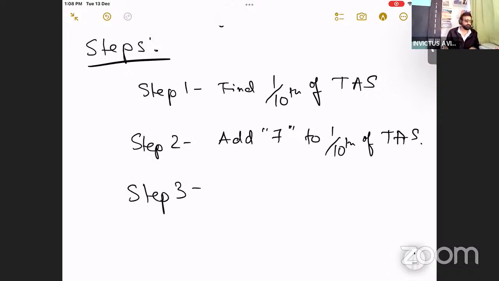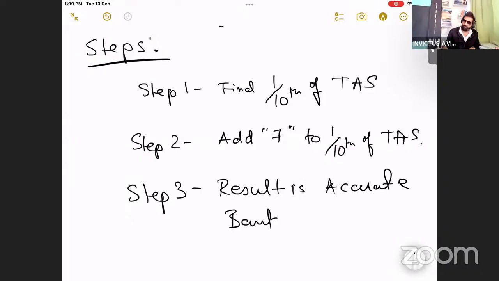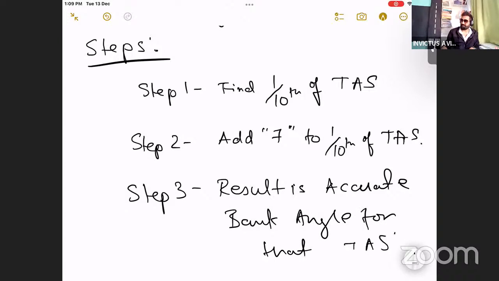Step 3, result is accurate bank angle for that task.